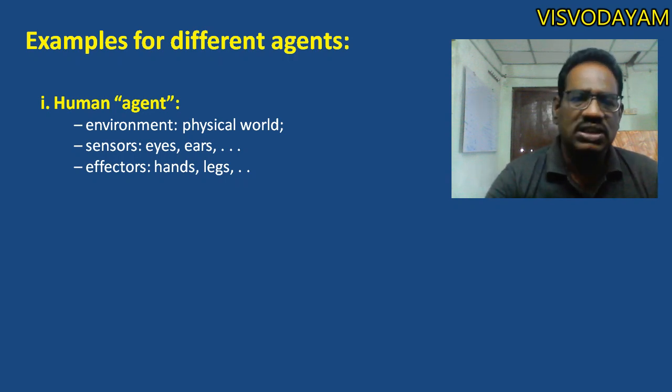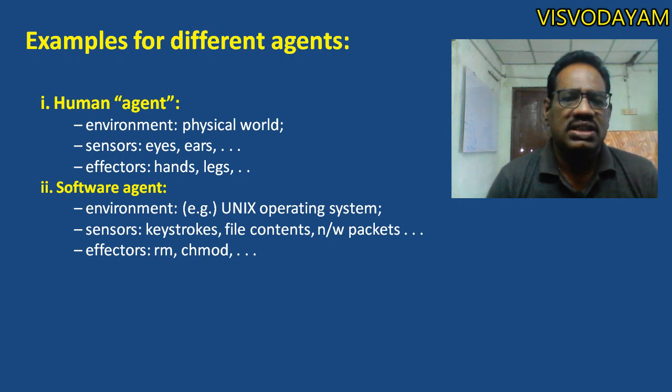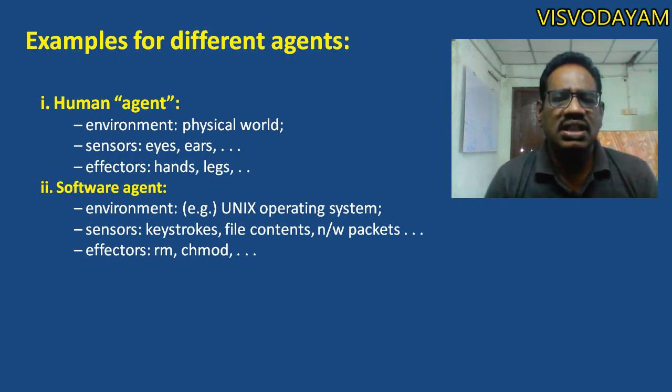Similarly, consider a software agent. Suppose there is a computer with hardware, and an operating system is installed on it. The operating system organizes the internal architecture and the internal hardware components of the system.